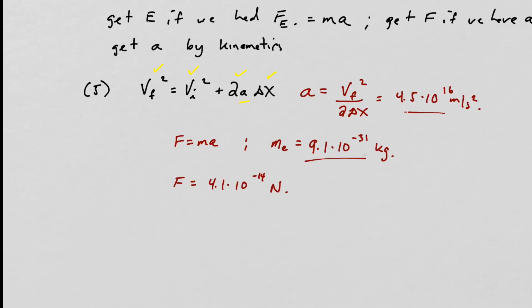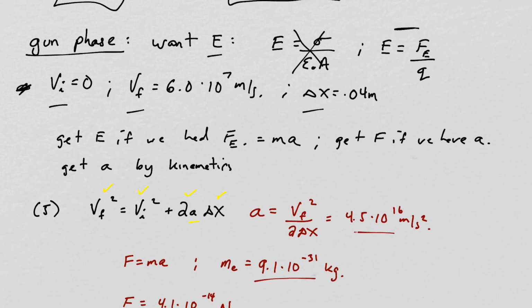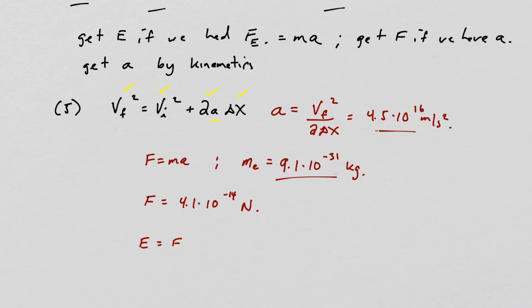But in order to get that outrageously small force, we now want to know finally what is the electric field that generates that very small force. Well, that's going to be the force divided by the charge. The charge of the electron is also known, right? That's our charge e.